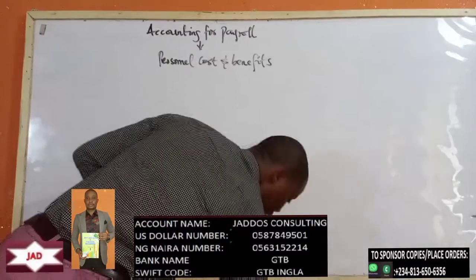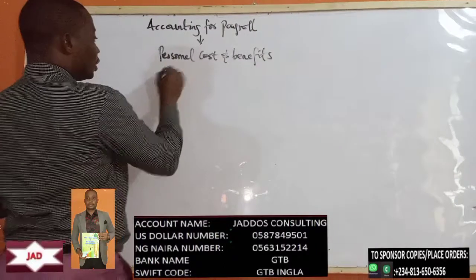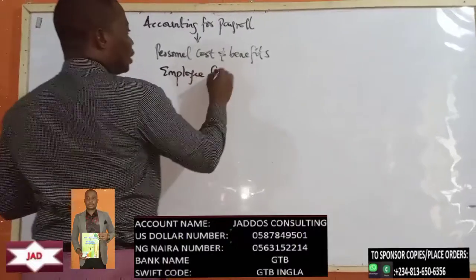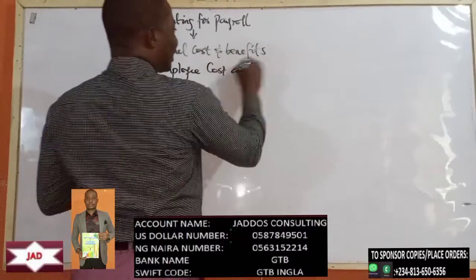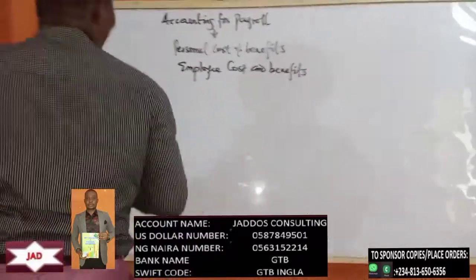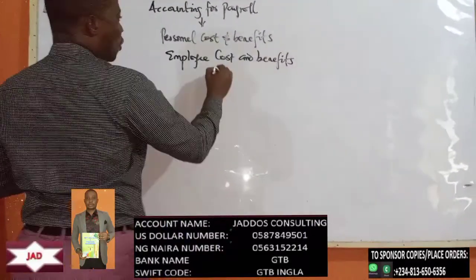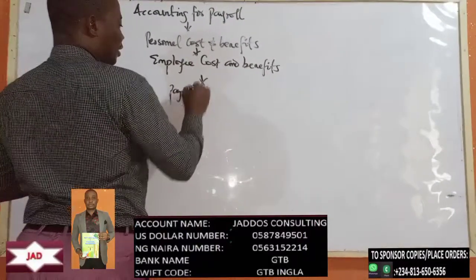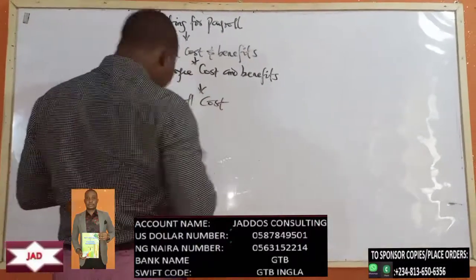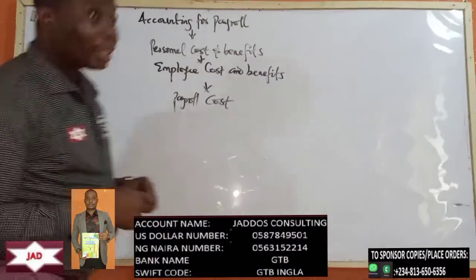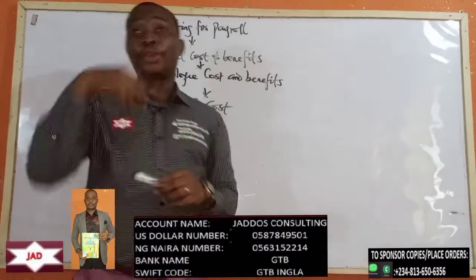I heard what they call employee costs and what? Benefits. Okay, I even had payroll costs. But basically, what they are trying to tell us here is the cost of human capital.